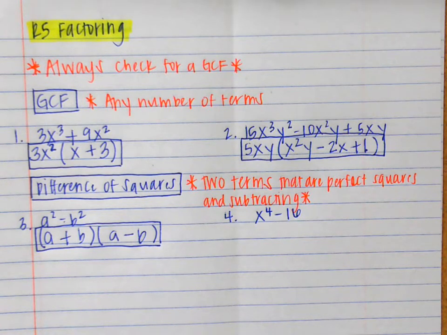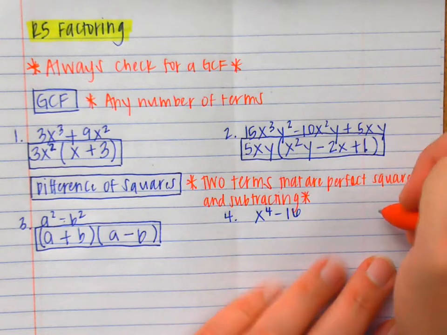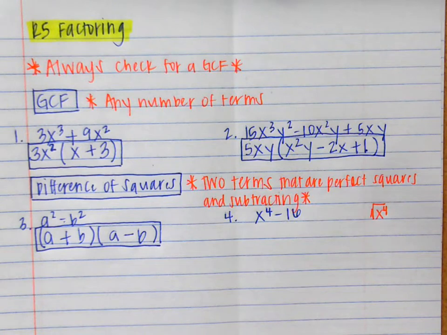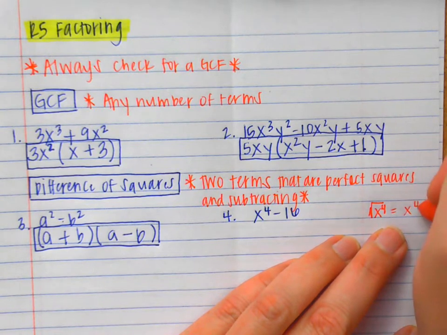Okay, so x to the 4th minus 16. I think, what's the square root of x to the 4th? Remember, a square root is the same as a fractional exponent.